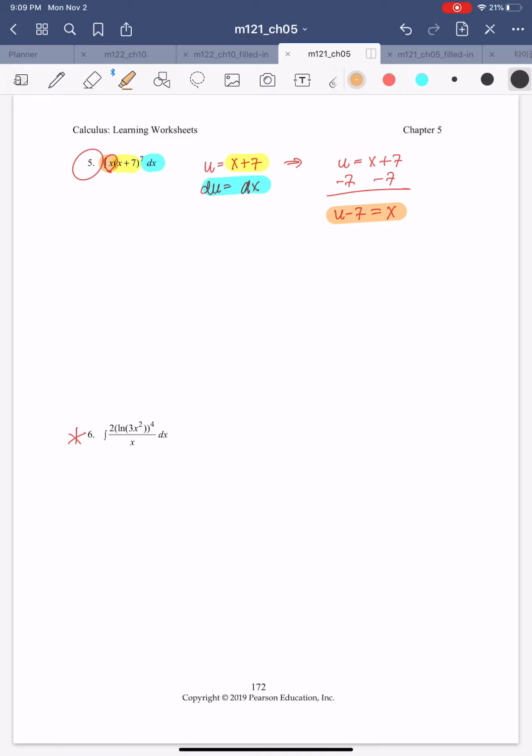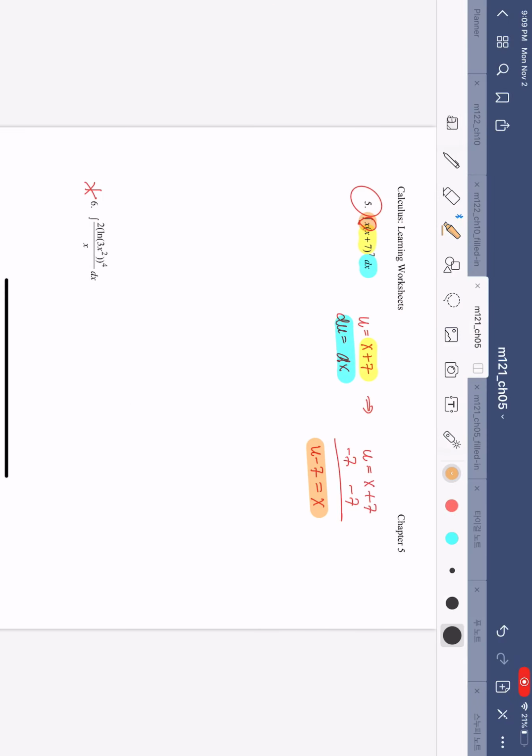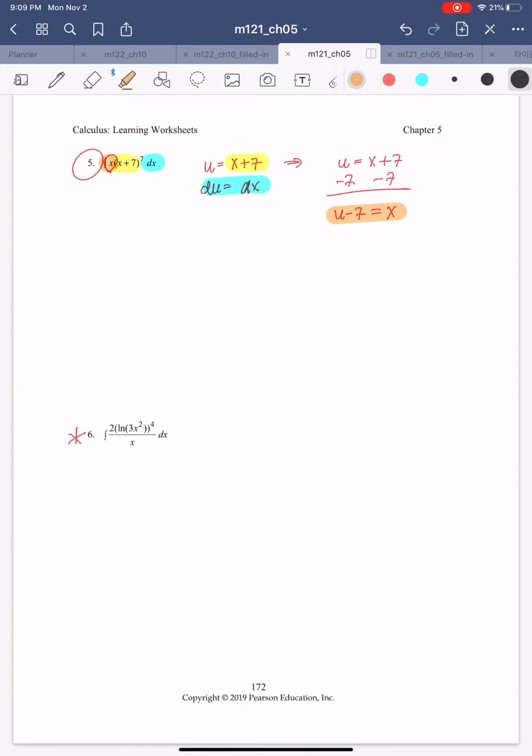Okay, so all of this is an algebra trick. So how does it look? If you do that, I'm going to have my x is basically u minus 7. This right over here is u to the 7. dx is du.